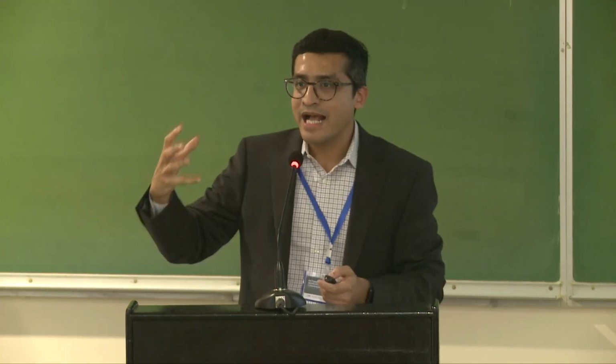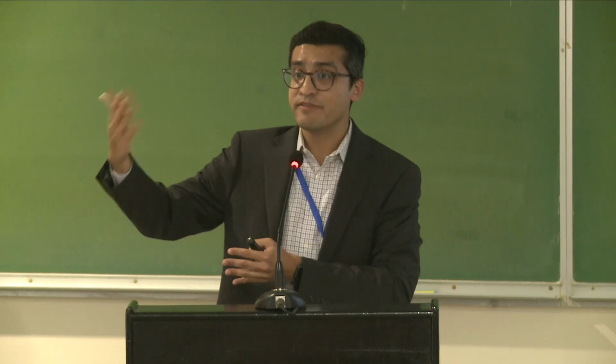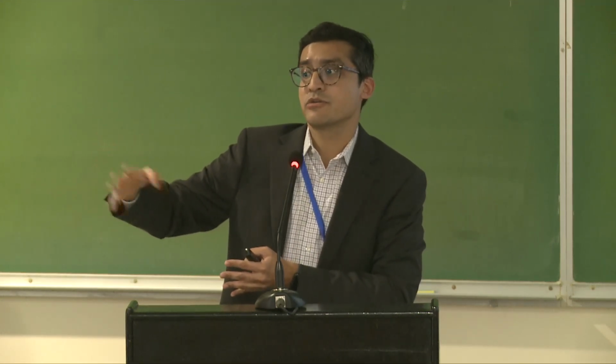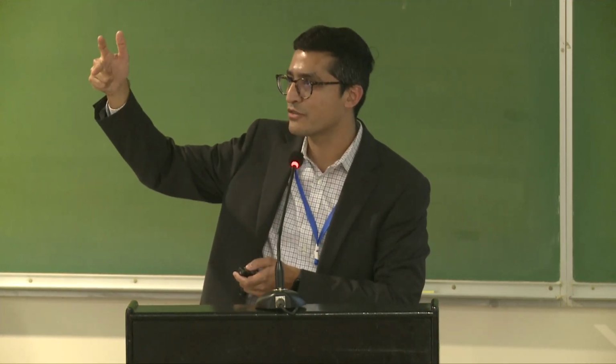And why does the algorithm really load on gender when it sees that variable? One way you can test this, which I think is interesting, is instead of asking the algorithm to predict default, I ask the blind algorithm to predict minority status, which is to say, can you creatively just use the variables that you see to unblind the borrower, which in developed economy credit markets you can, right? So in a US context, people find that if I see someone's zip code, if I see someone's credit score, if I see someone's income, I can pretty much make up their race.